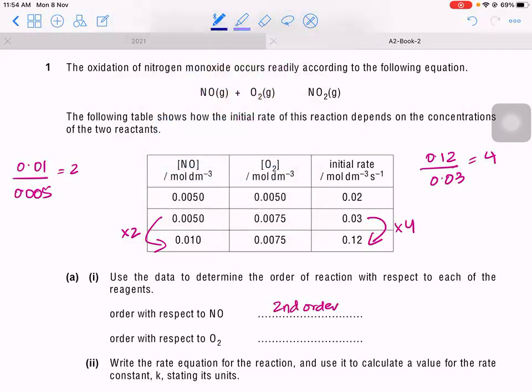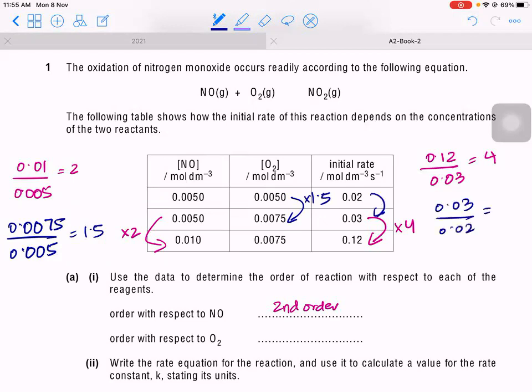Let's find the order with respect to oxygen. You'll take these 2 experiments. How is the concentration changing? It is going from 0.005 to 0.0075. This changes by 1.5. Let's see how the rate changes. It goes from 0.02 to 0.03.